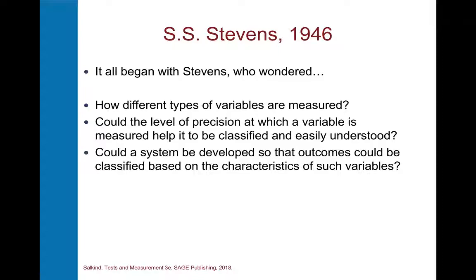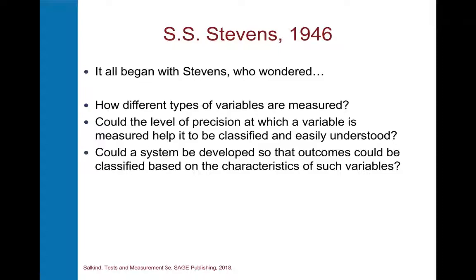Even better, he asked whether a system, or what he called a set of rules, could be developed so that the outcomes that result from the measurement process can be classified based on the characteristics of the variable itself, rather than the actual value or label of the variable. And this is how the idea of levels of measurement was born.